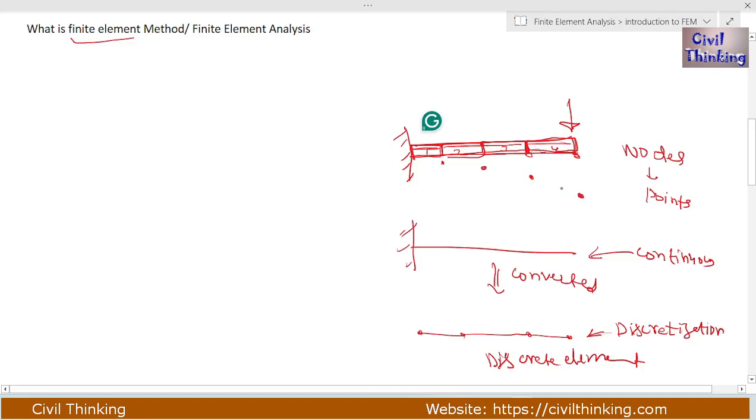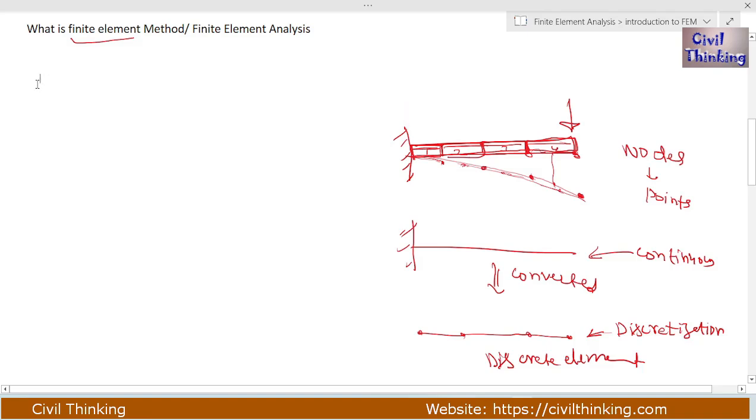So if we want to find it here, we will interpolate it. In this way we interpolate between two nodes and we get the engineering property between the two. So in simple terms, this is the finite element method.